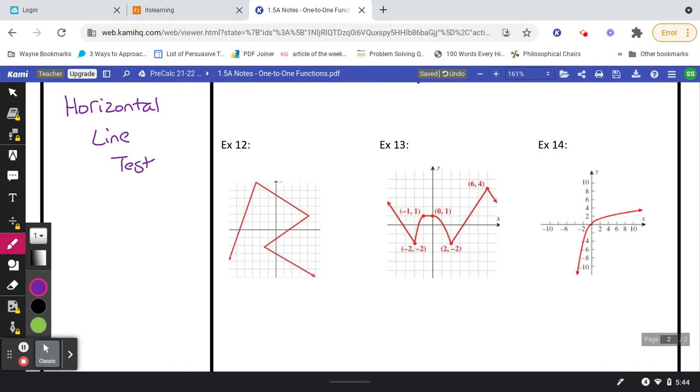See if you can investigate 12, 13, and 14 and figure out whether these are functions or not, and if so, if they're one-to-one.